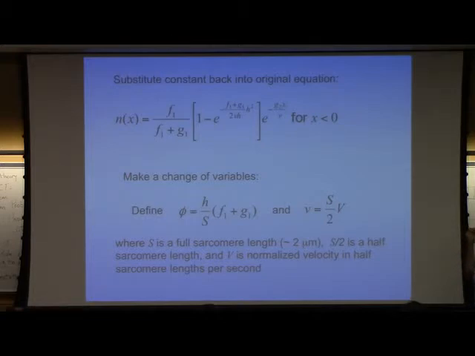Now Huxley made this change of variables, so for velocity he used s over 2, this is the Stockholm length, and then this is a normalized velocity. This just cleans things up. It doesn't change the nature of the solution, it just makes it a little neater. This phi is h over 2, so this is a normalized distance times these rates.